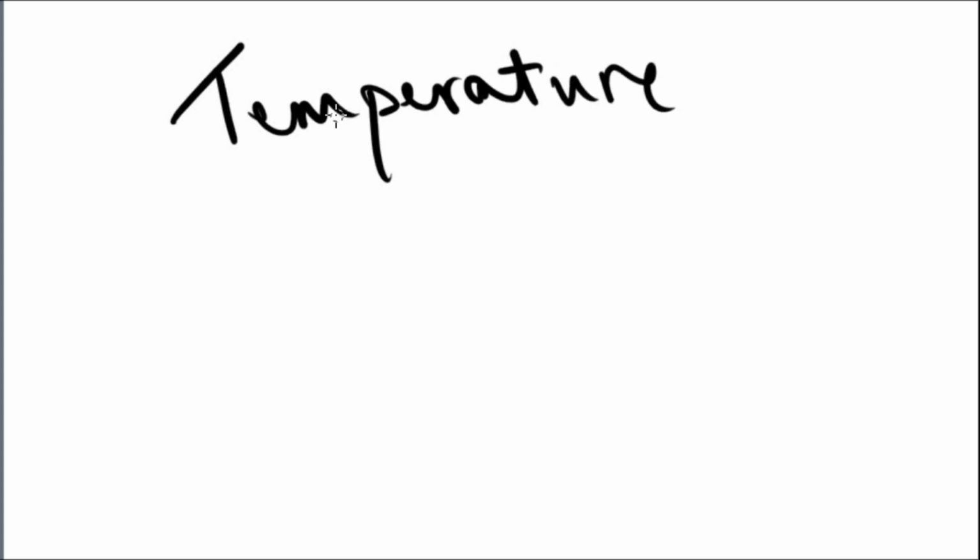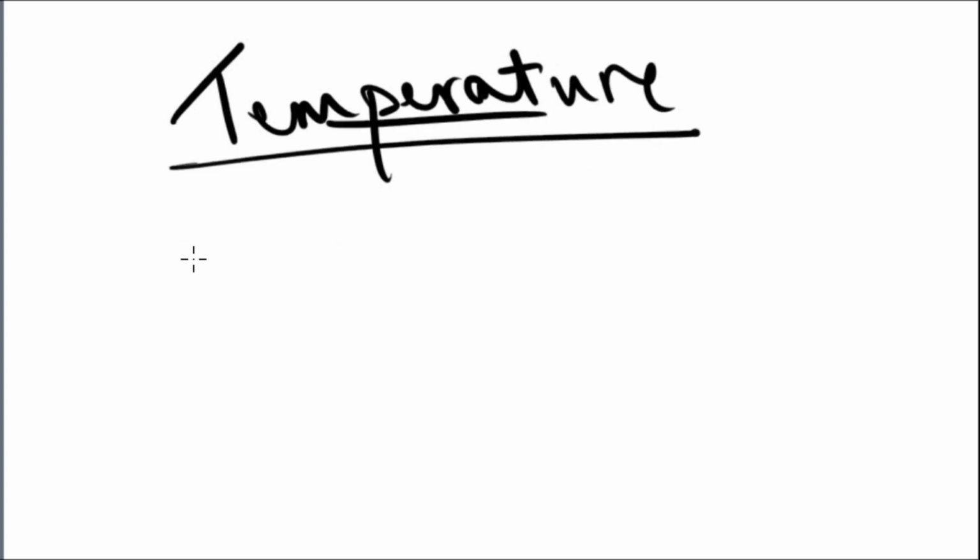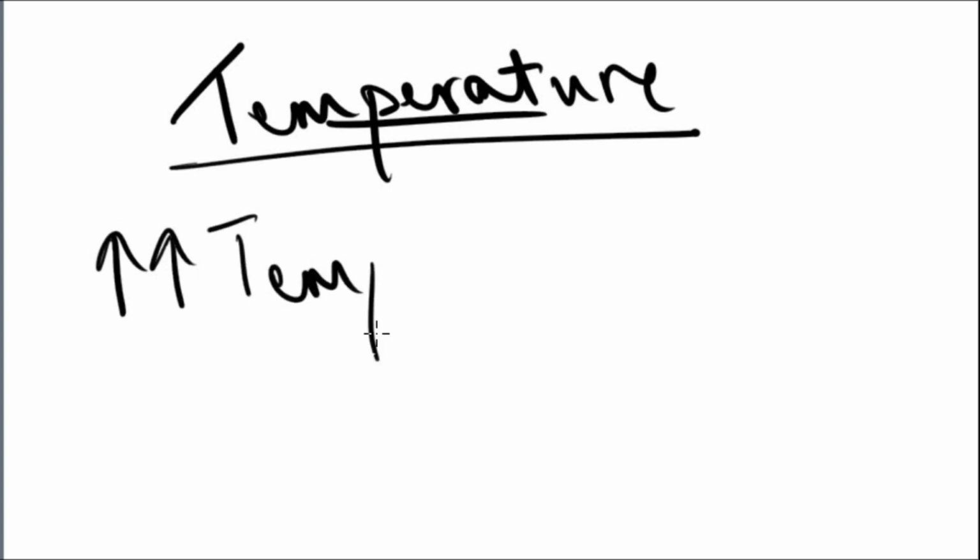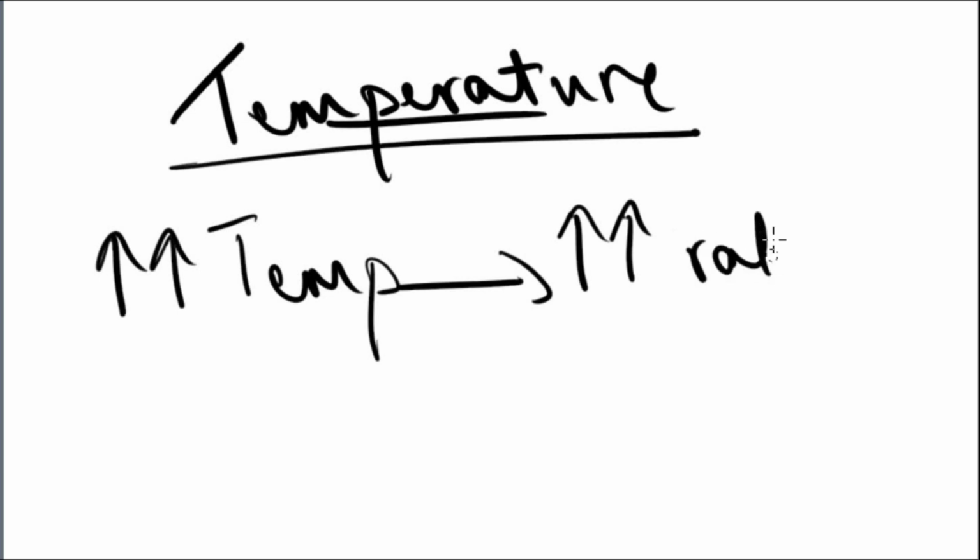Starting with today's lesson, temperature. The effect it has on reactions is that it is like a catalyst. It increases the rate of reactions, but not by reducing the activation energy or providing an alternate route. That is for a catalyst.